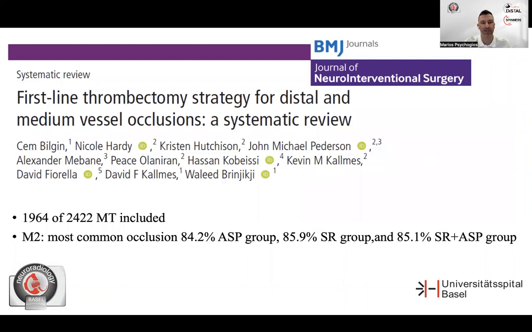What I really found interesting was this really nice systematic review that appeared a couple of weeks ago. And you can see there were 2,500 thrombectomies included, mostly on M2s, but also there were M3s in there, and also the anterior occlusions.